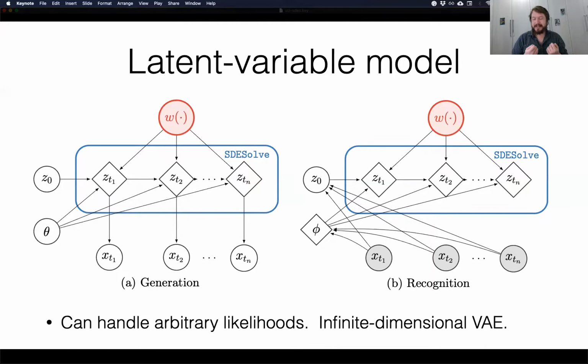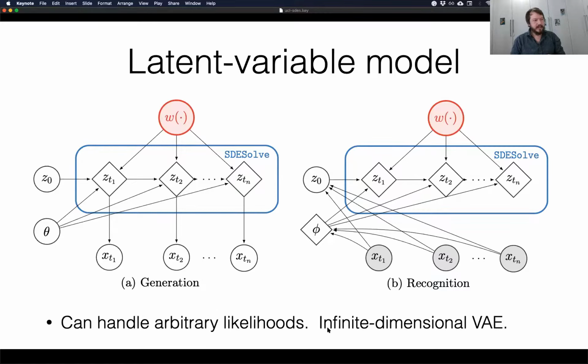So this is probably the last hard idea in this talk: we're going to write down a prior over latent functions with an SDE. Then it turns out we have to do approximate inference. Maybe we'll use a Gaussian to fit it. No, we can use another SDE to parameterize the approximate posterior.